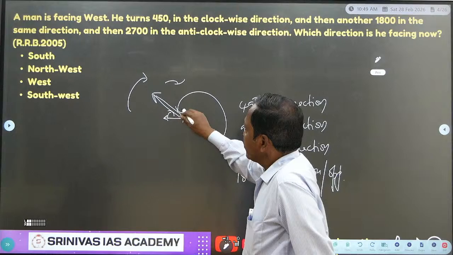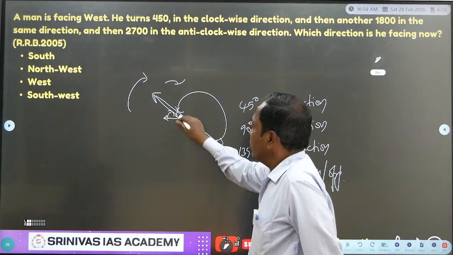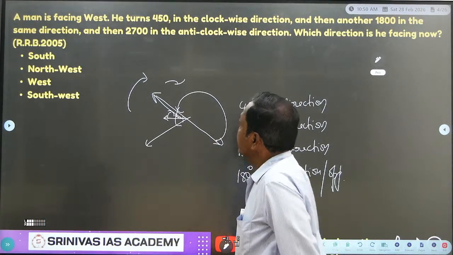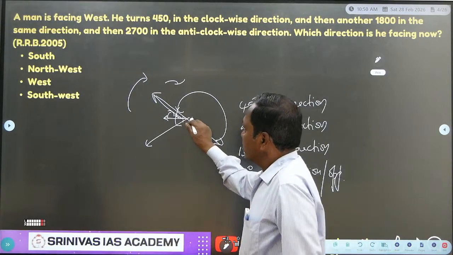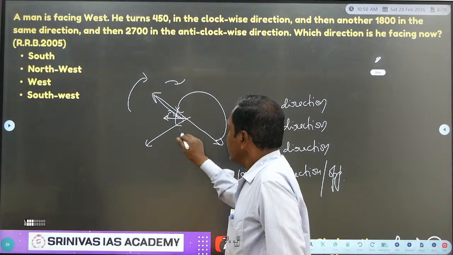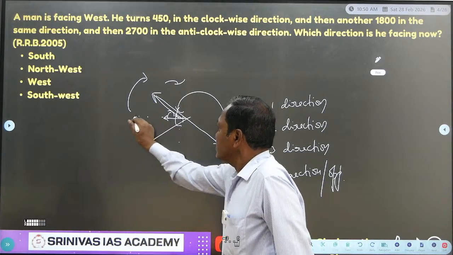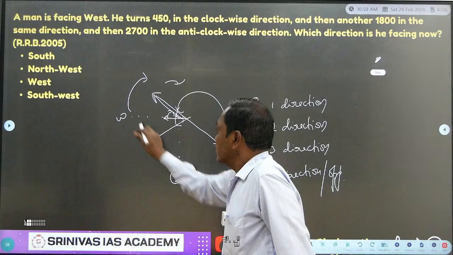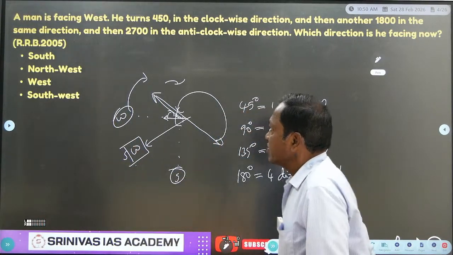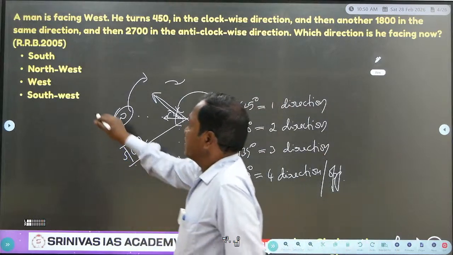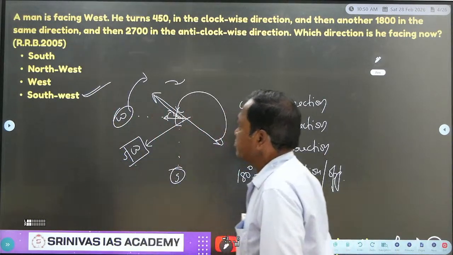This is 180, this is 45, 225, one more direction. And which direction is he facing now? This is south, this is west. So southwest, option D. This is the option.